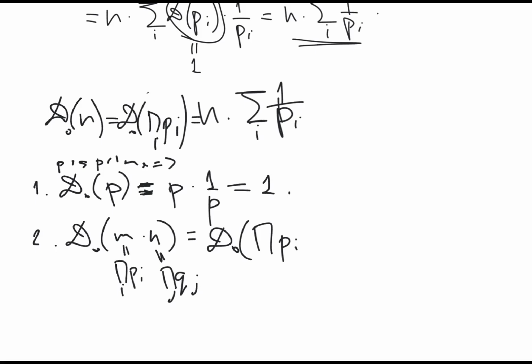And again, they could be repeated, so pi are not necessarily different. There could be duplicate prime numbers.